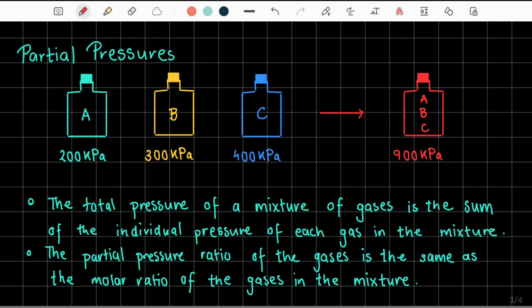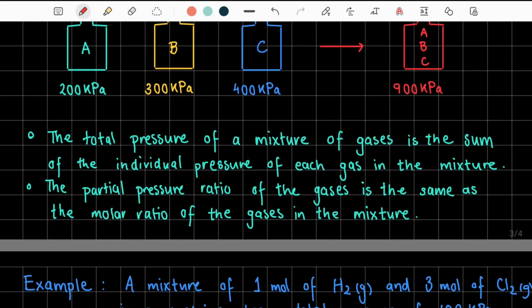And that is the first law or first rule that you need to remember in terms of partial pressures. The second rule that you are also expected to know is that the partial pressure ratio of the gases is going to be the same as the molar ratio of the gases in the mixture. The only thing that differentiates them is essentially the number of moles of each gas that is present, because the volume and everything was the same across these containers.